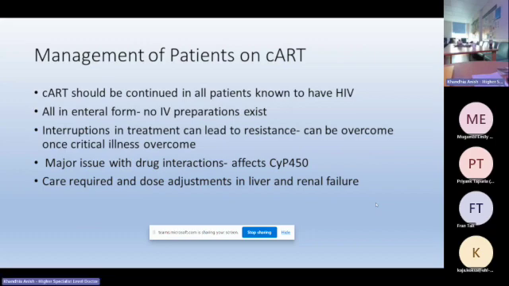The main issue with that is that if you have frequent interruptions in treatment, it can lead to resistance, the virus evolving to be resistant to that antiretroviral therapy. That can be overcome once the critical illness is overcome if it's an isolated episode, but care needs to be taken when there are frequent admissions to ICU.